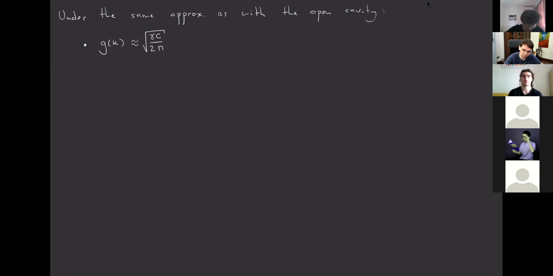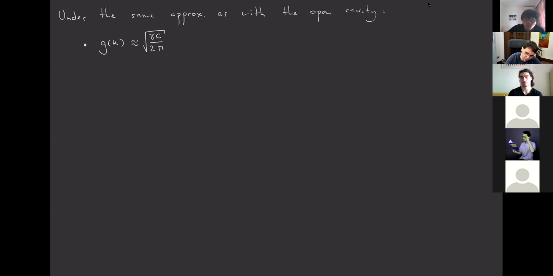The factor 2 comes precisely from what I told you, that we have twice the number of environments. And the c comes from the fact that we are labeling the external modes with the wave vector, not with the frequency. So this g has not a square root of frequency units, it has a square root of wave vector units.